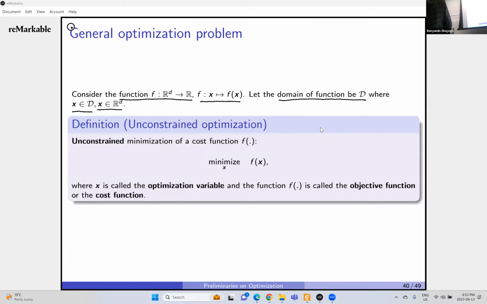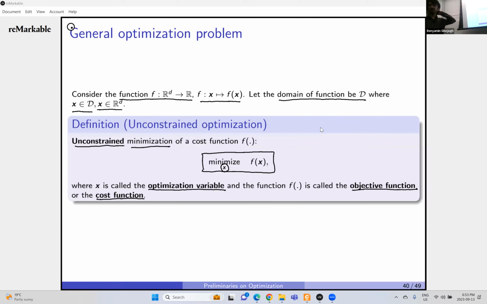Then on the unconstrained optimization, in this case, minimization, you can consider it as maximization as well. Doesn't matter. Unconstrained minimization of a cost function f is this: minimize f of x with respect to x. I put the optimization variable here, right? Where x is the optimization variable, and the function f is called the objective function or cost function.